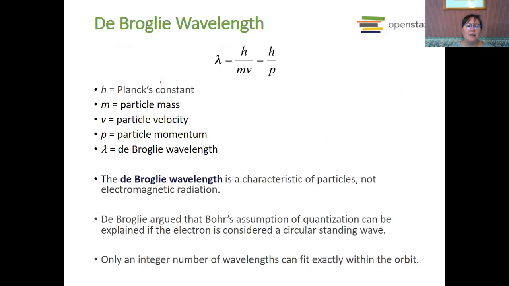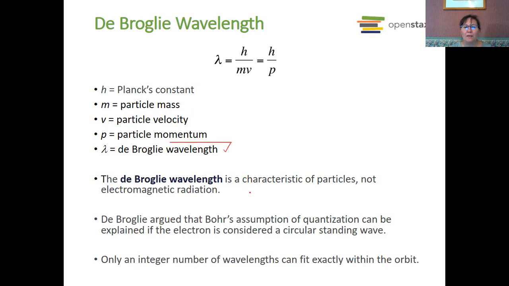Okay, so there's a few things in here that bring us to de Broglie's equation. And what de Broglie said was, well, wait a minute, we know that we have particle-like properties for our light, and that's how we see those specific lines. We know that there's only certain things that can happen, and that means that it has very specific things that it can be. But then you also have a wavelength for a particle.